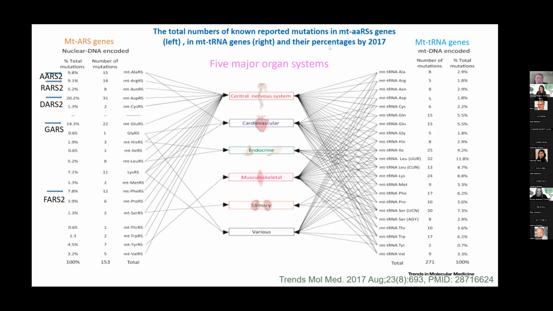A few years ago, there was an article that reviewed many published mutations in all the mitochondrial ARS genes and also mitochondrial tRNA genes. The top 5 mitochondrial ARS genes are AARS2, RARS2, DARS2, GARS2, and FARS2.